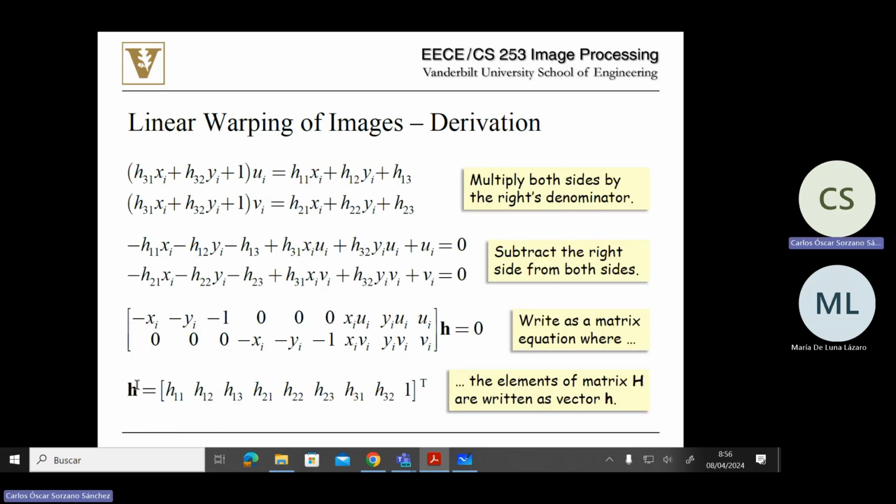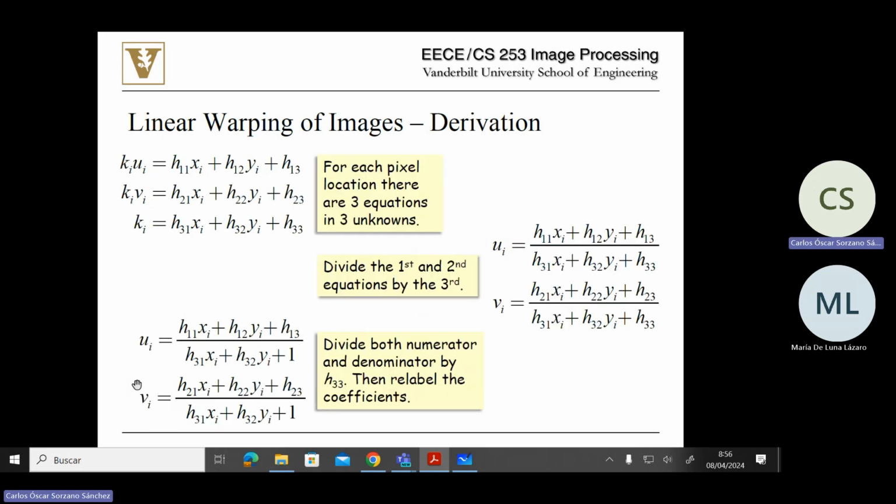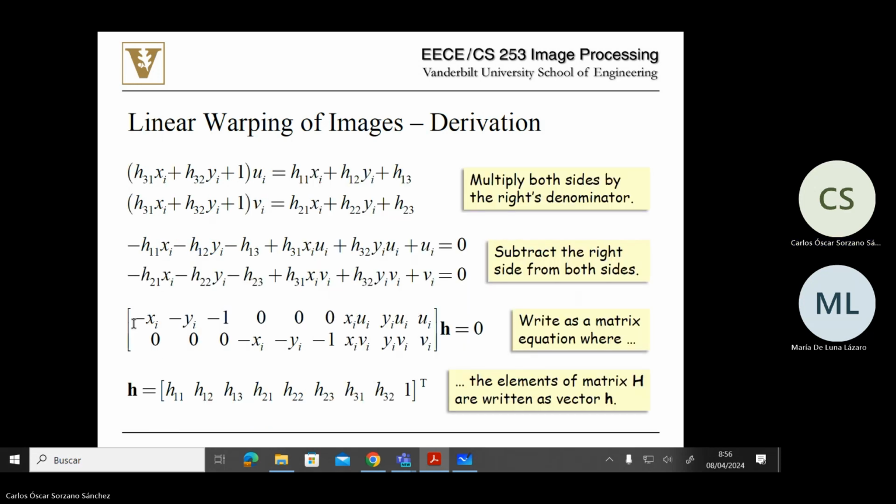Okay, now you rearrange this thing. Take this to the other side. You rearrange it, and more rearrangement. And then you write it in matrix form.